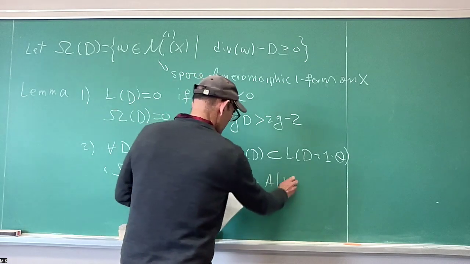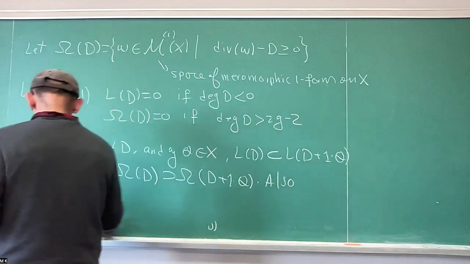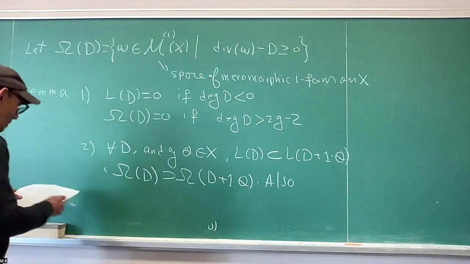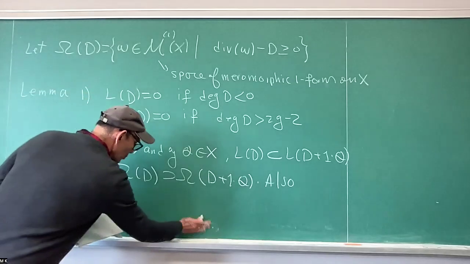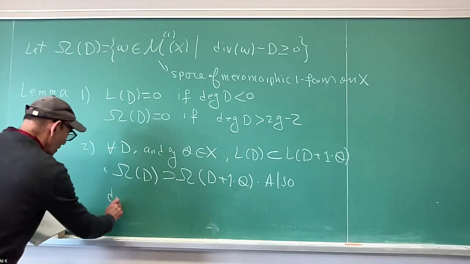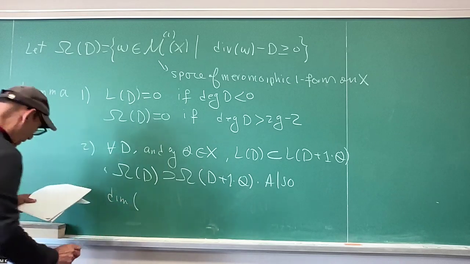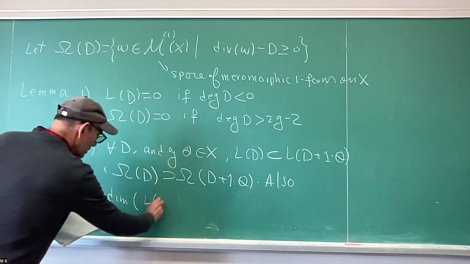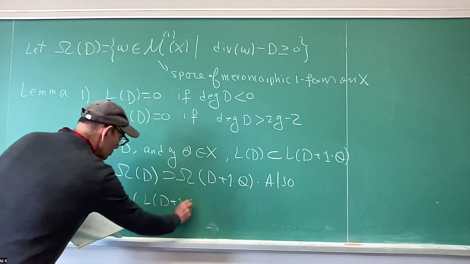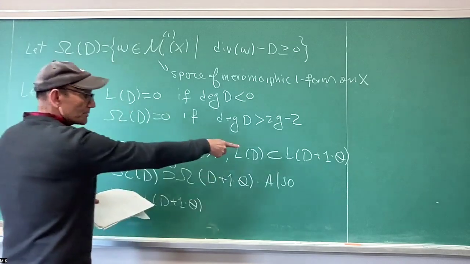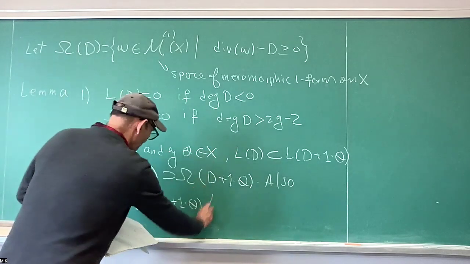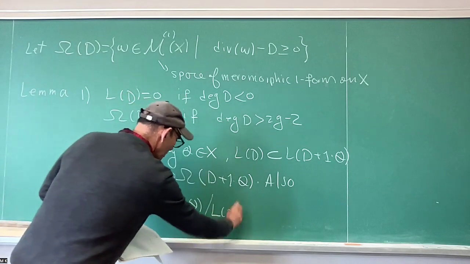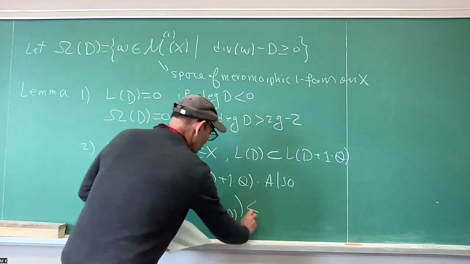Also, these are the two most important inequalities now. The dimension of L of D plus 1Q, because that's a subspace, right? So if you divide by L of D, it's going to be less than or equal to 1.